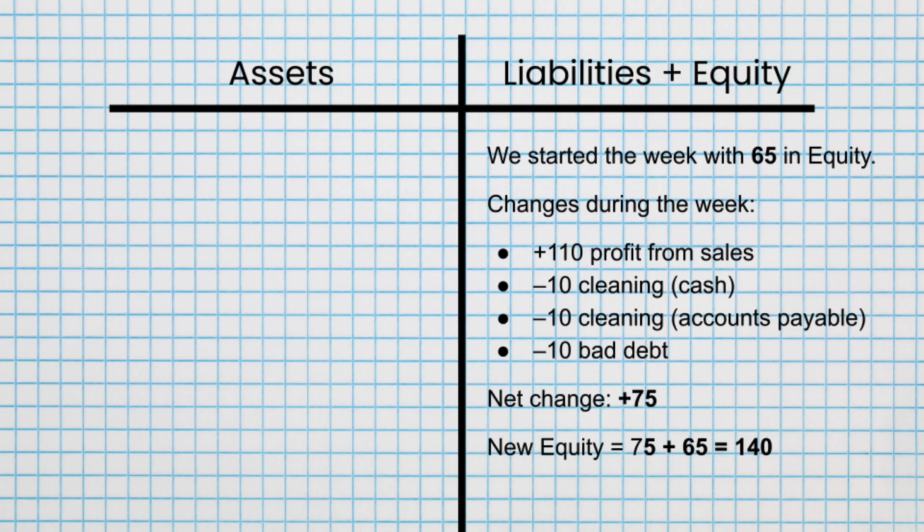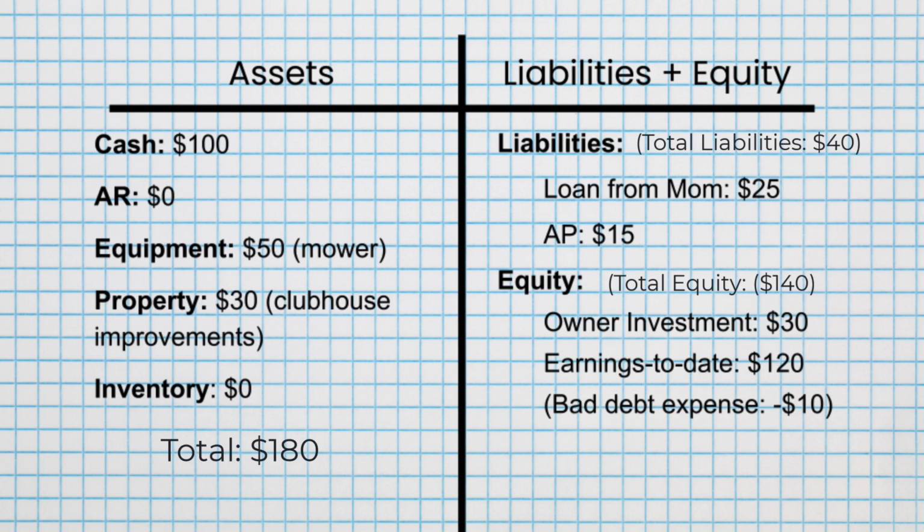And this net change shows us an increase of $75. So our new equity is $75 plus $65 from last week for a total of $140. Now both sides match. We have assets worth $180, which equals liabilities of $40 plus equity of $140 for a total of $180 together.